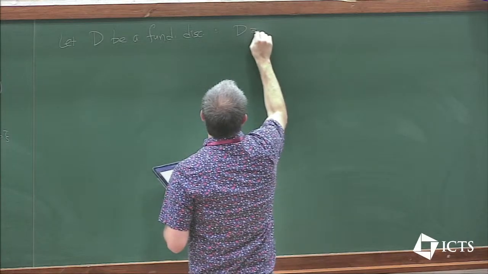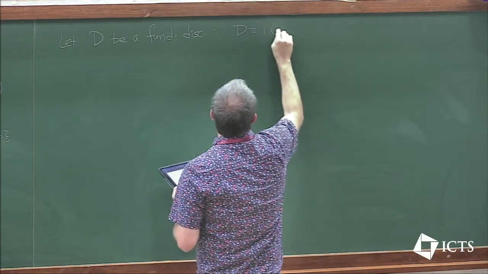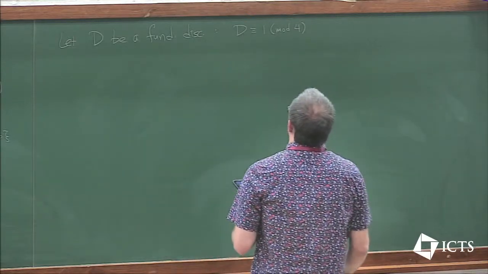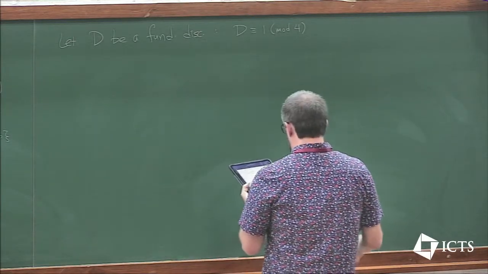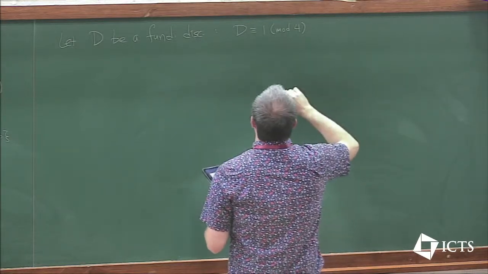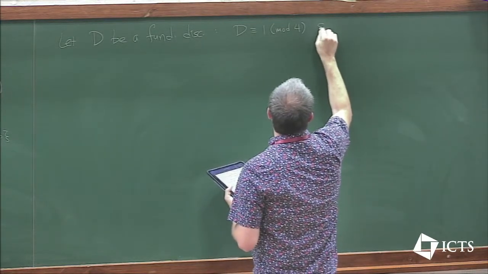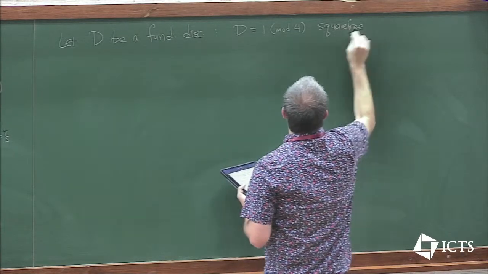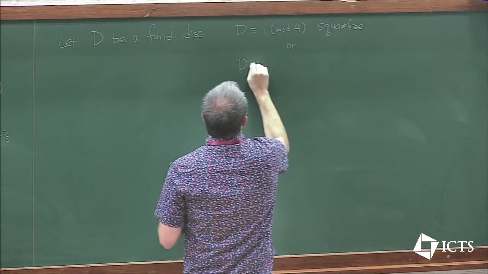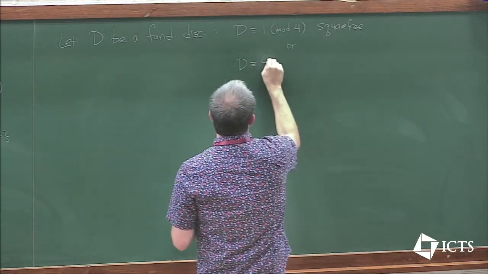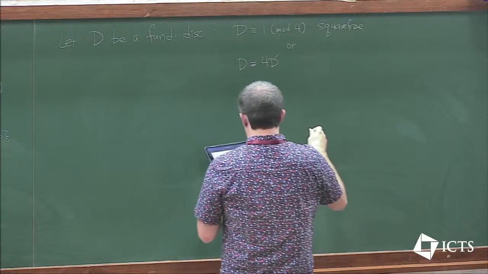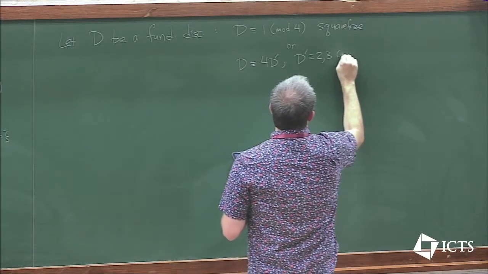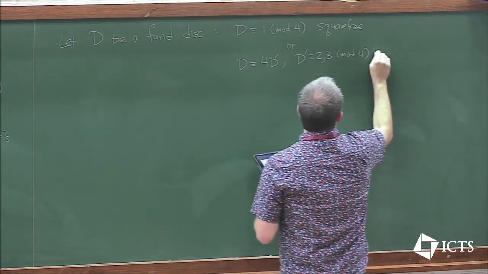This means that D is either 1 mod 4 and square free, or D is 0 mod 4, so D is equal to 4D', where D' is congruent to 2 or 3 mod 4 and square free.